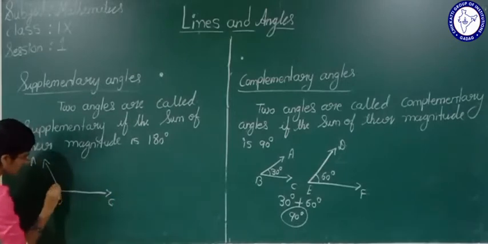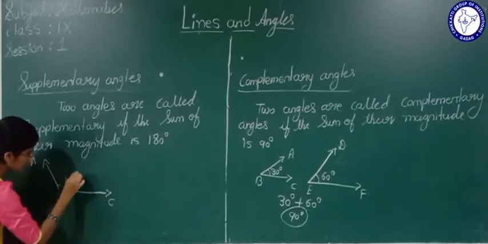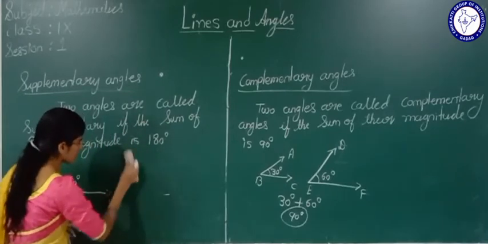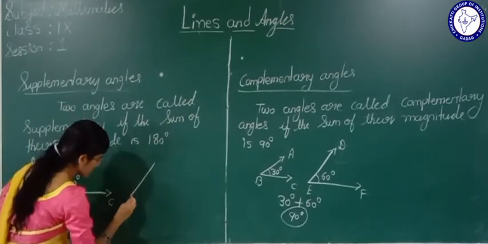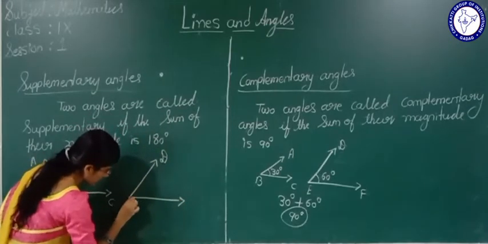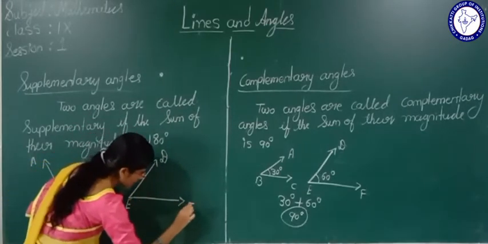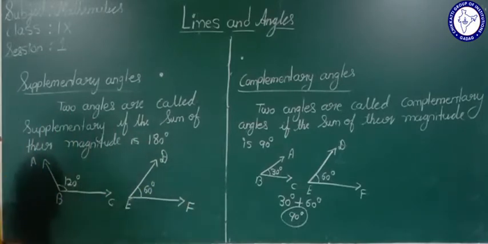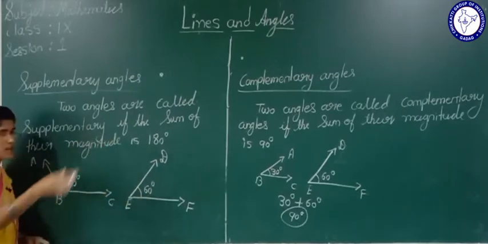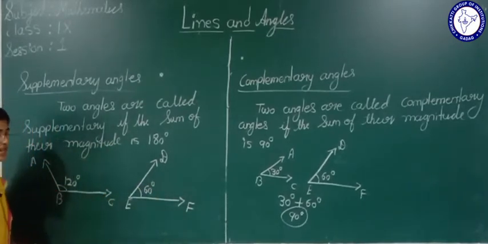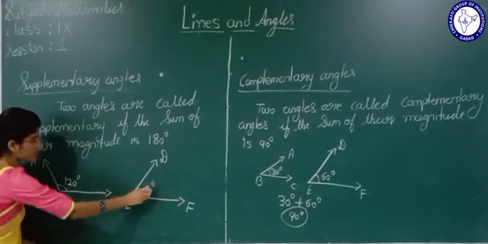ABC is an angle of 120 degree and DEF is an angle of 60 degree. See, here two angles are called supplementary if the sum of their magnitude is 180 degree. See, what is 120 degree plus 60 degree?